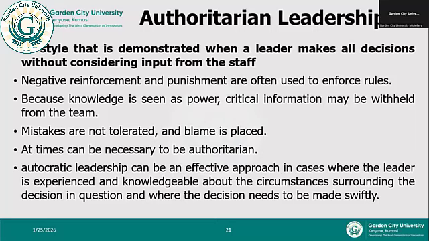The style that is demonstrated when a leader makes all decisions without considering input from the staff is termed as authoritarian leadership or autocratic leadership. And this type of leadership is more about negative reinforcement and punishment.